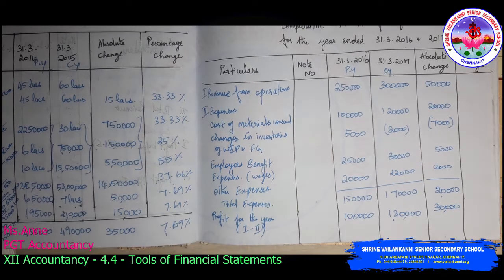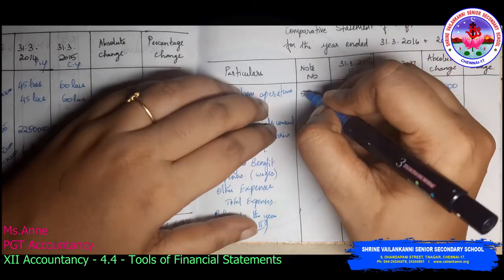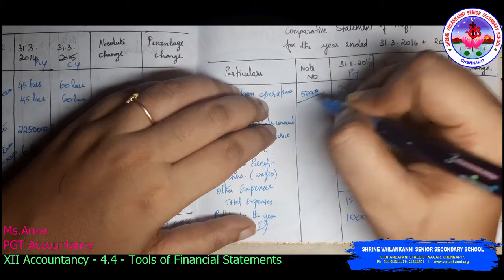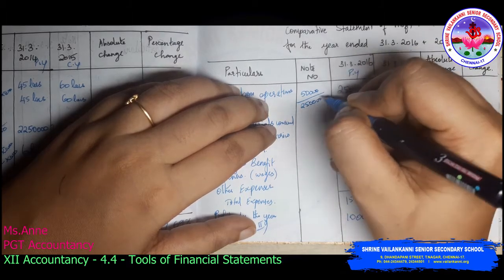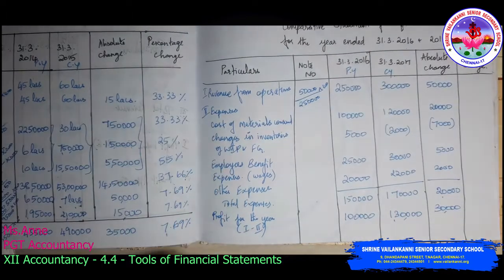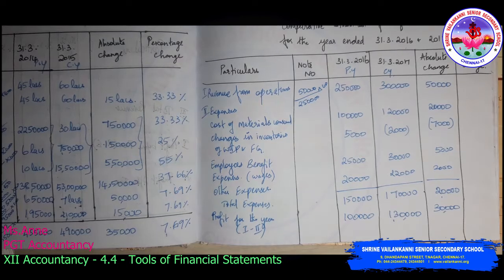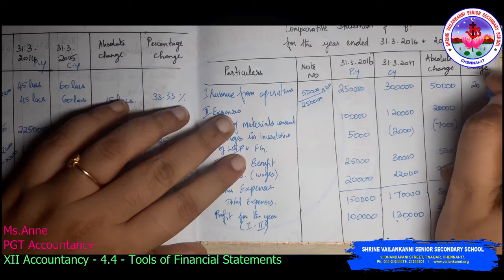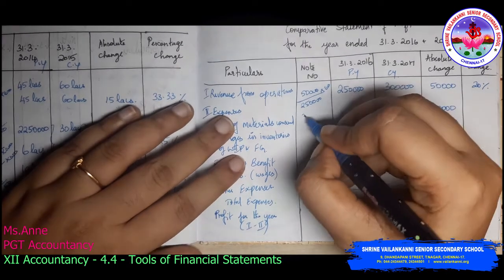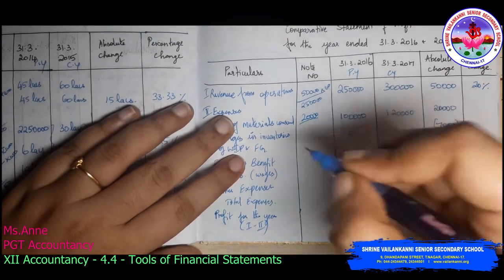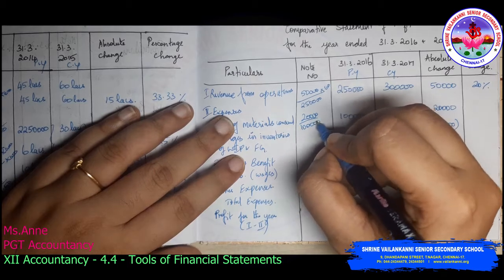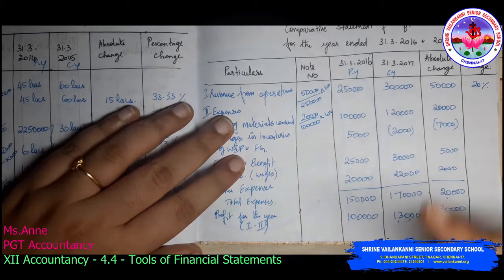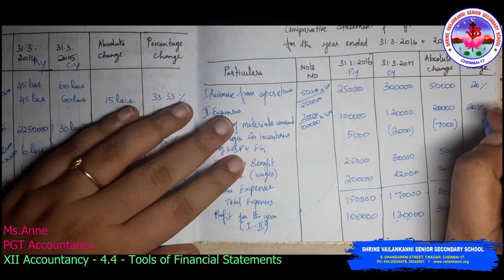Now the percentage change. Now here 50,000 divided by 2,50,000 into 100, the percentage change is 20%. Similarly, 20,000 divided by 1 lakh into 100, which is also 20%.